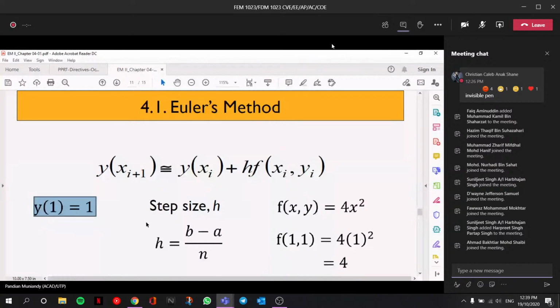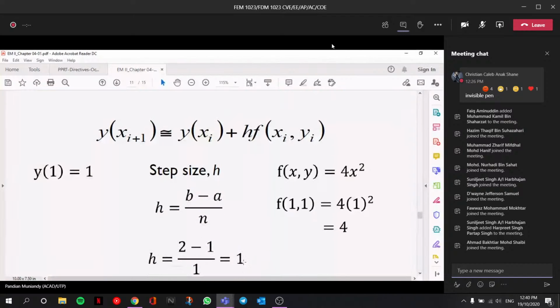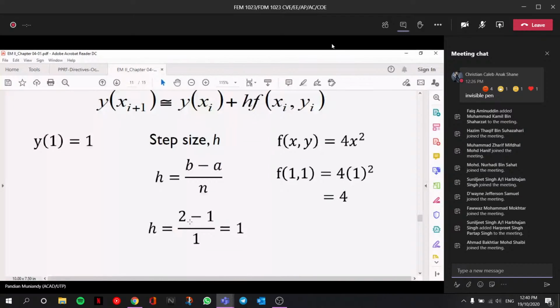Now the step size, this is the step size h: b minus a divided by n. So your b, you see the calculation? Your b is 2, your a is 1, and your n is 1.